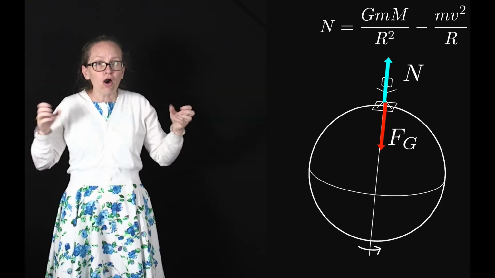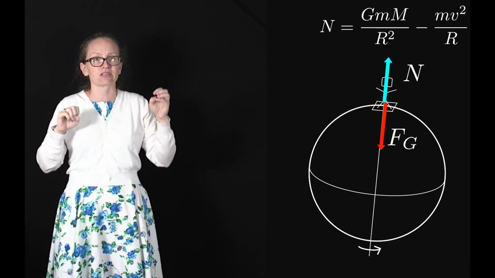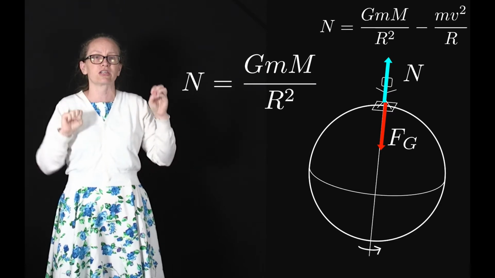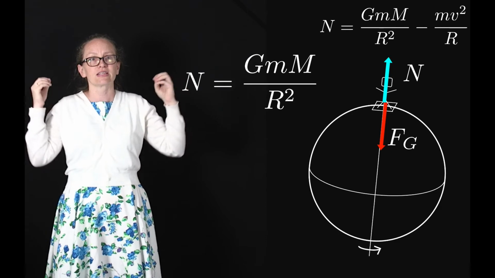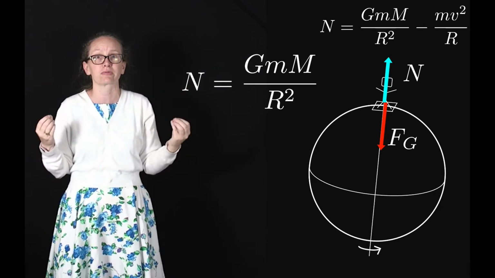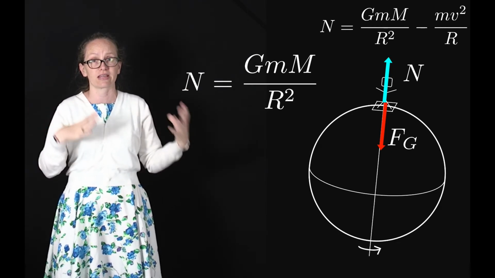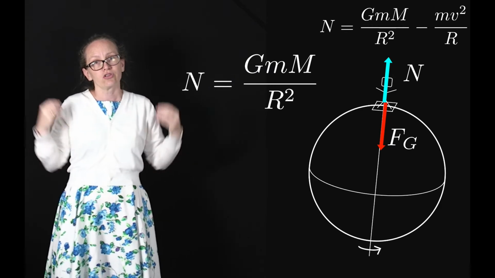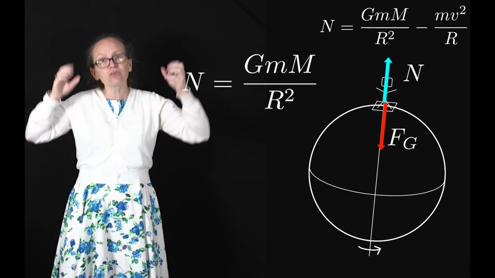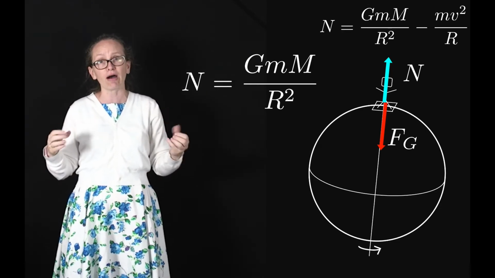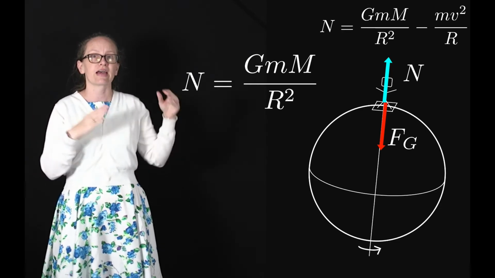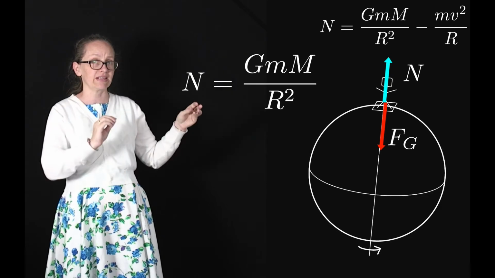At the pole, the normal force is just equal to GMm on r squared. So you can see this normal force is larger because we're not subtracting off the centripetal term. If you stood at the equator and measured your weight, it would actually be slightly lower because of the Earth's rotation than it was at the poles.